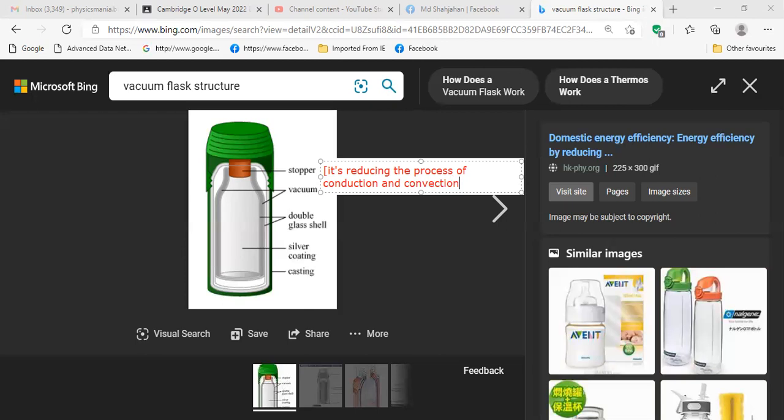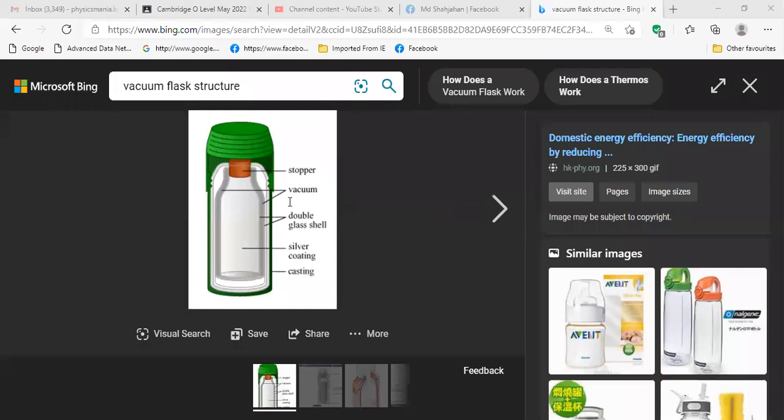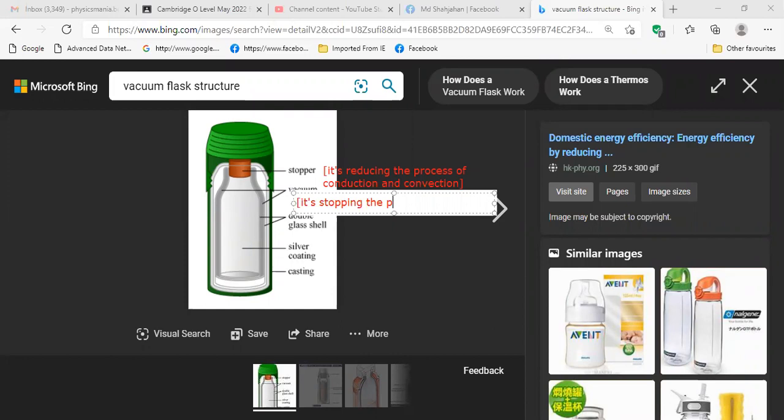Then beside vacuum, you write vacuum is stopping the process of conduction and convection. In vacuum, no conduction, no convection. Okay.